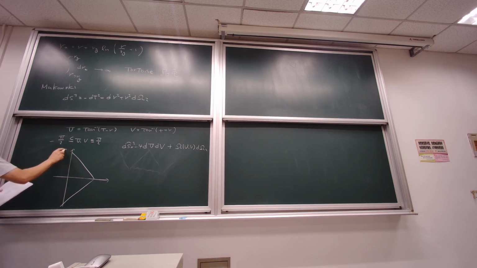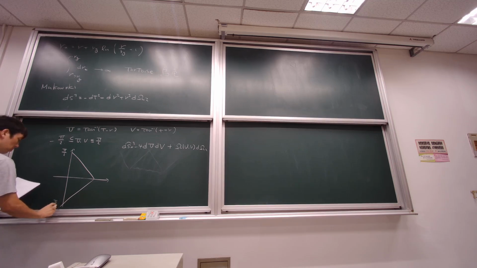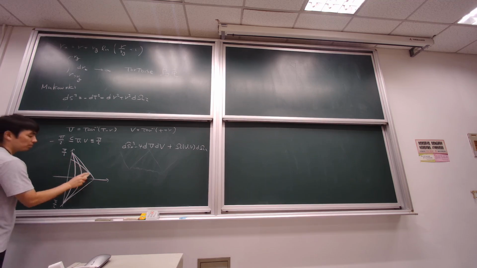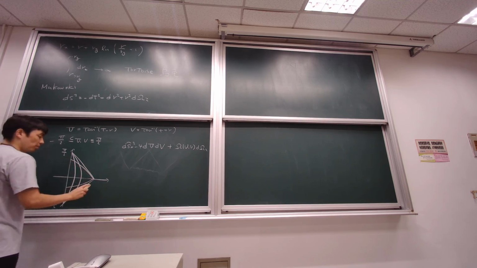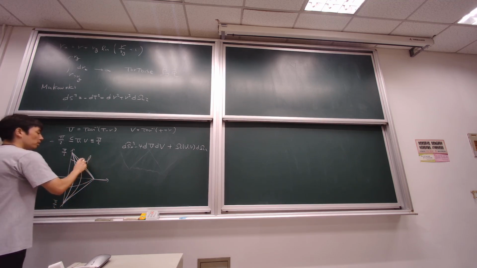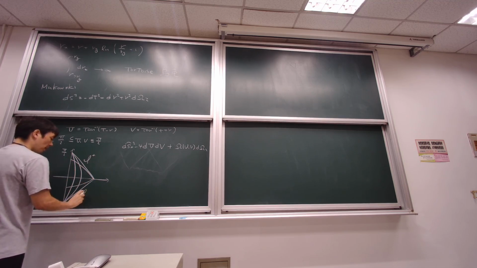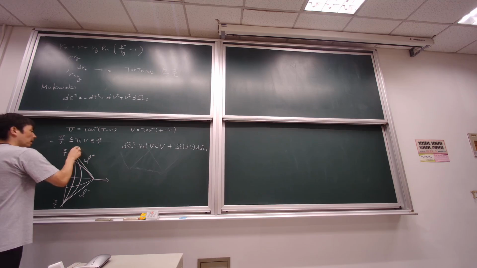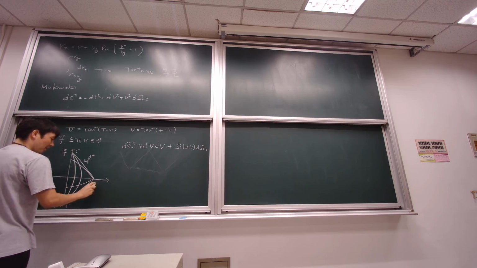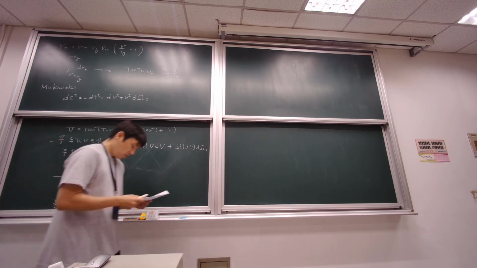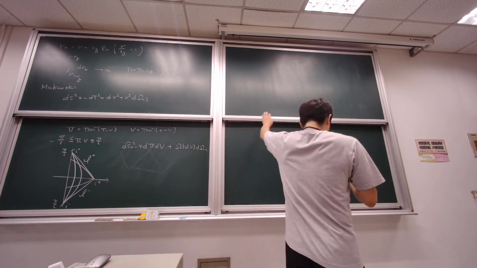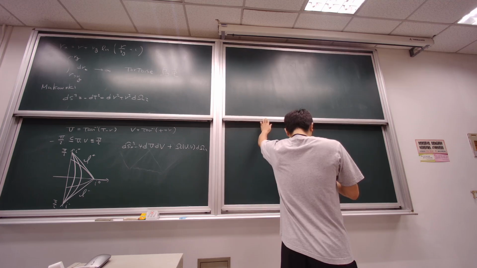So this is pi over 2, and here r equal to constant and t equal to constant become like this, and that's what we already learned. We call these scri plus and scri minus, and i plus, i minus, i zero, like this.